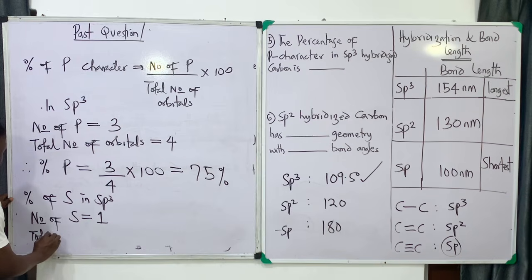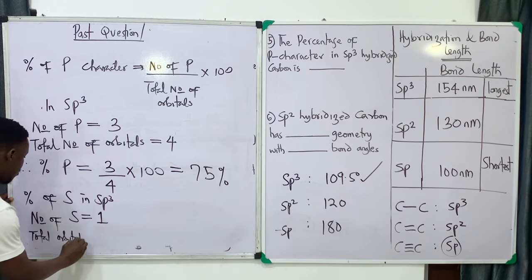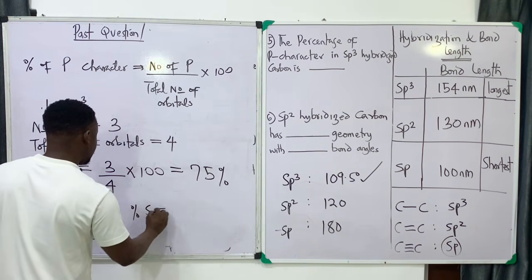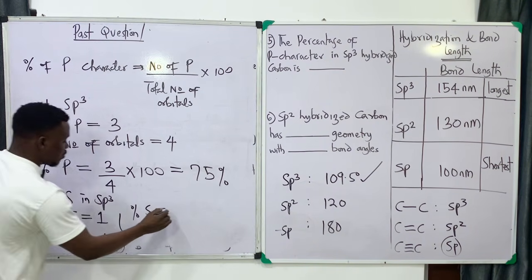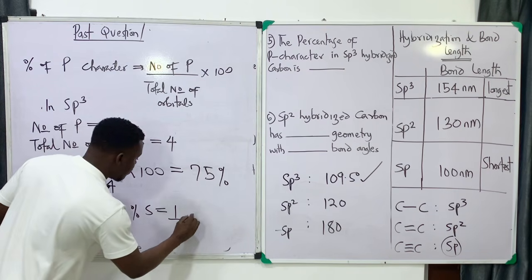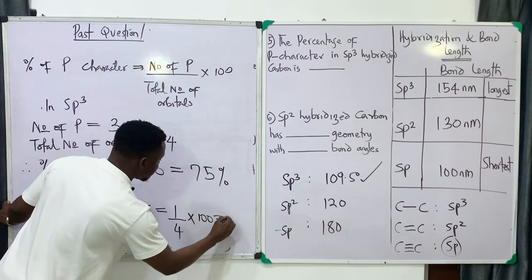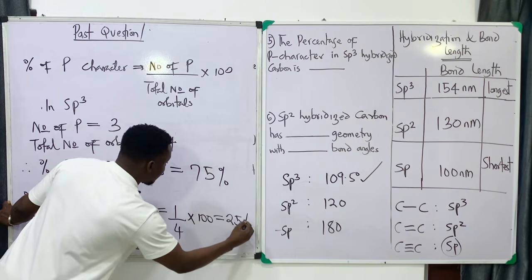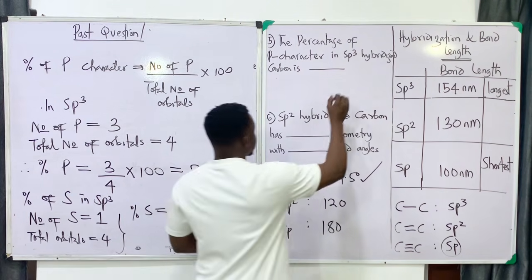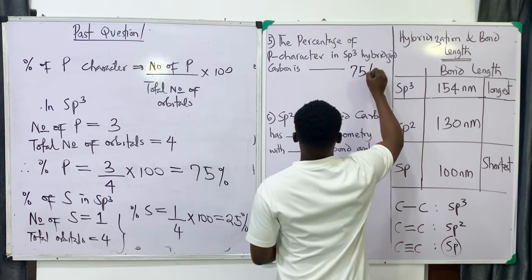Total orbitals in sp3 is equal to 4. So therefore, percentage of s equals s orbital, 1, over total orbitals, 1 plus 3, that is 4, times 100. That is 25%. Alright? So the answer to the original question is 75%.